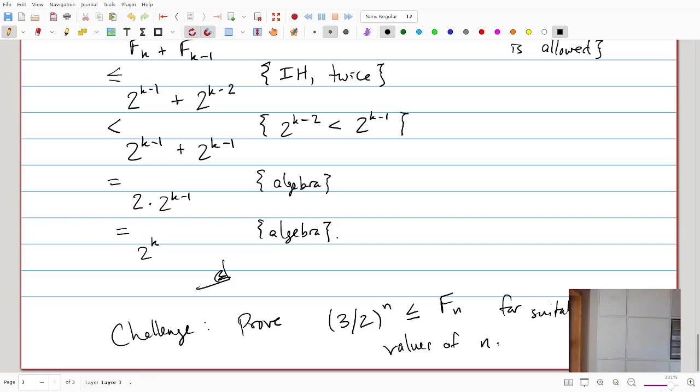So that gives us a pretty good idea of how fast they grow. You can actually prove something much more specific than that, but this is a nice thing we can prove without actually needing a lot of fancier math, just using some basic algebra and induction.